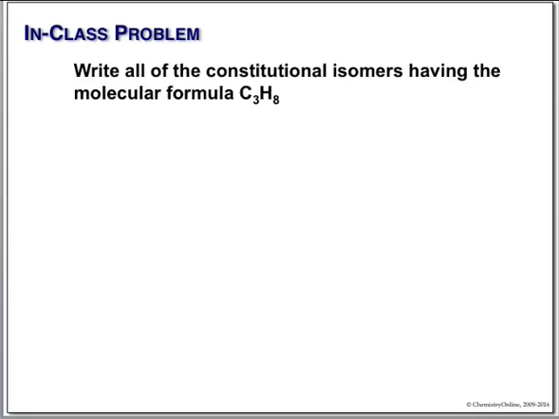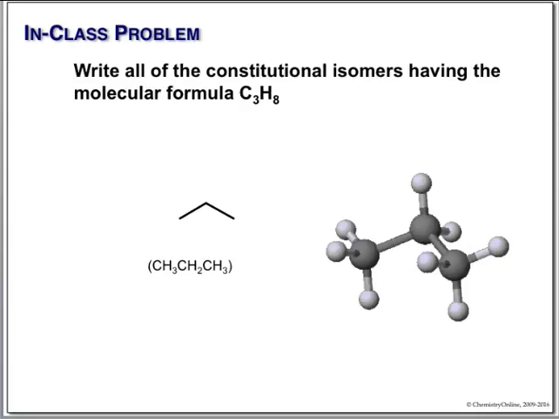To be honest, there's only one way you can connect them, right? Zigzag, up and down, like that. That's the only way you can connect them. And the only constitutional isomer you can draw is propane. 1, 2, 3 carbons, 8 hydrogens. The only one.